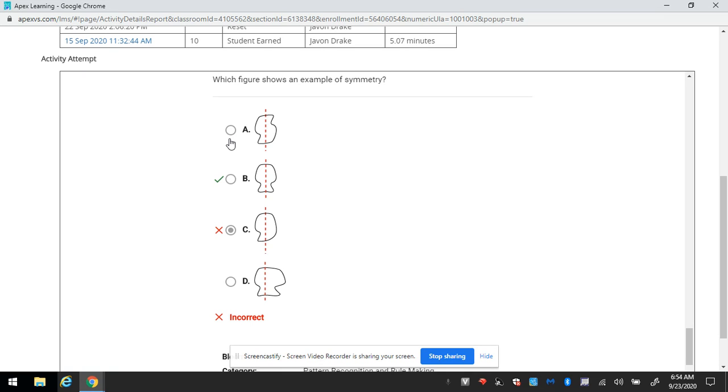If you fold something exactly in half and you open it up, that line where you fold it in half is your line of symmetry. So those 2 parts would be symmetry. So B would be your correct answer for this one, because it's almost like a mirror. When you fold that open, both parts would be equal. So B would be the correct answer.